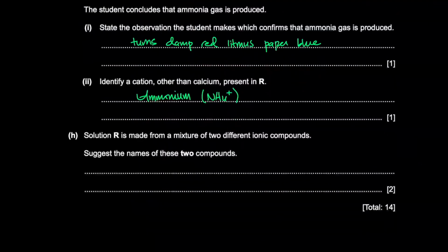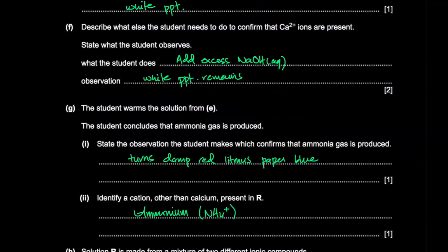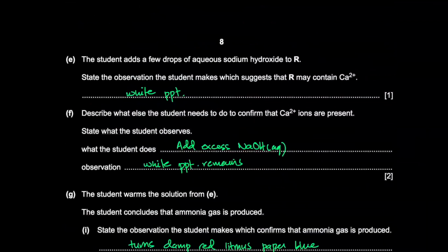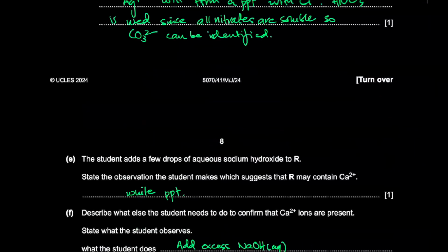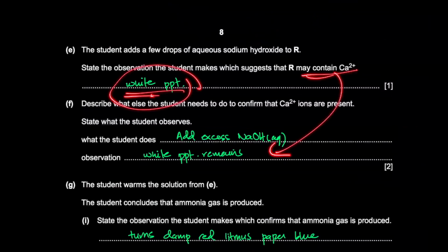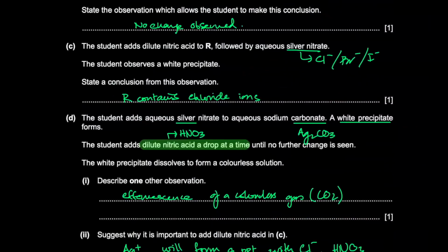Solution R is made from a mixture of 2 different ionic compounds. Suggest the names of these 2 compounds. So in solution R, we've identified ammonium ions are present. We've identified that calcium ions are present, because we got a red flame, and this confirmed that calcium ions are present. And we also know that chloride ions are present because we added silver nitrate and we got a white precipitate.